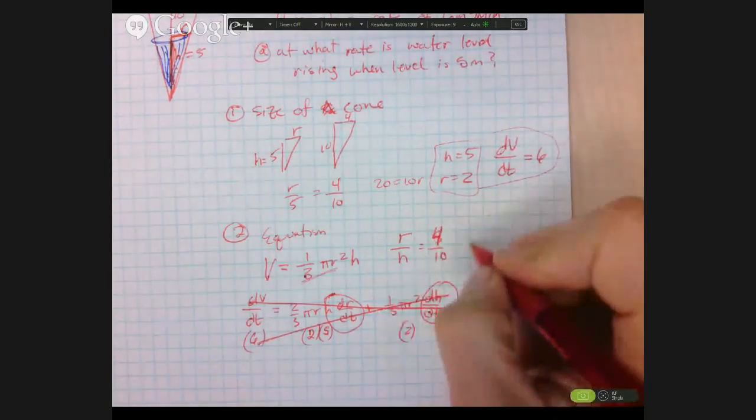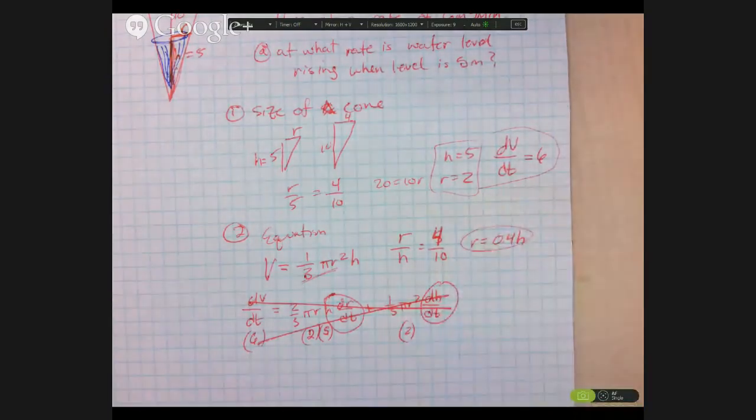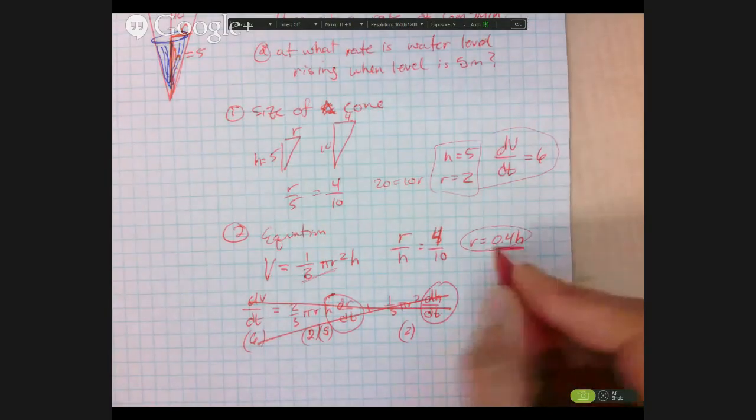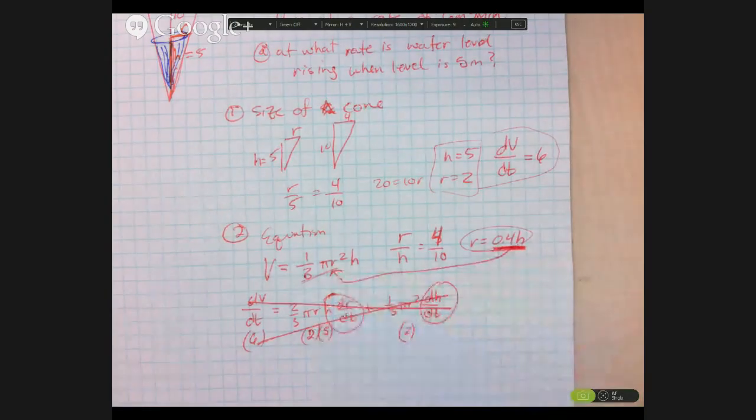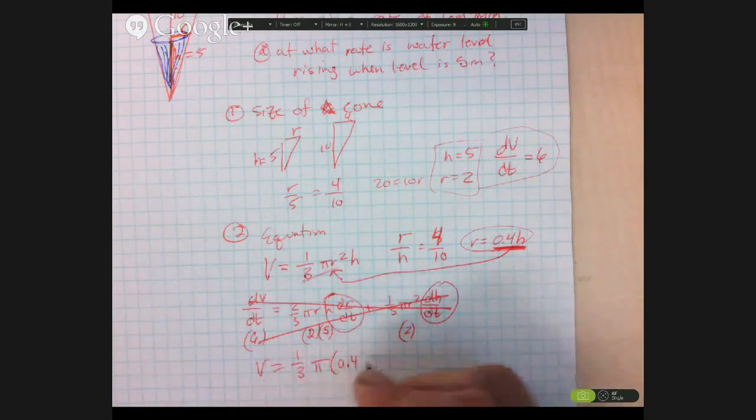Right, so R is 0.4 H. Are you with me? We're choosing similar triangles still. Now I'm going to plug that in for R. So V equals 1/3 pi (0.4 H) squared times H.